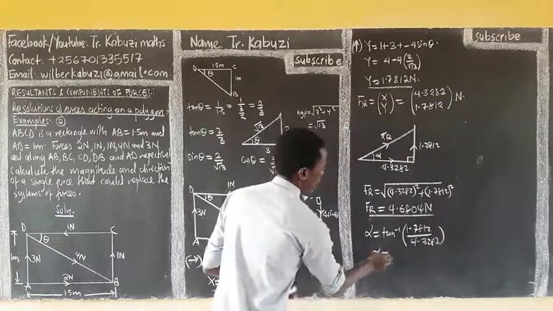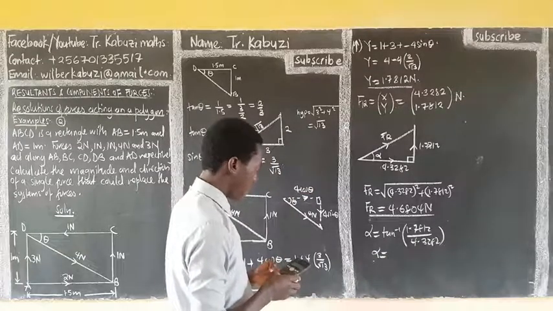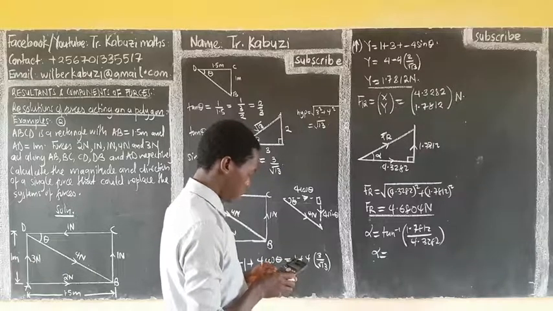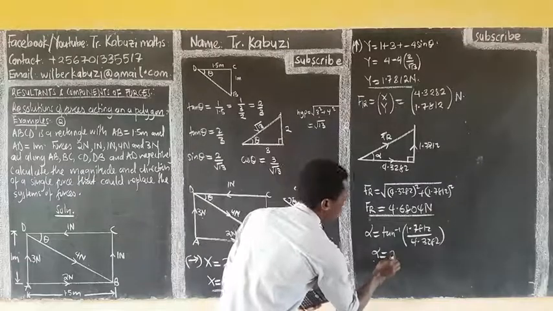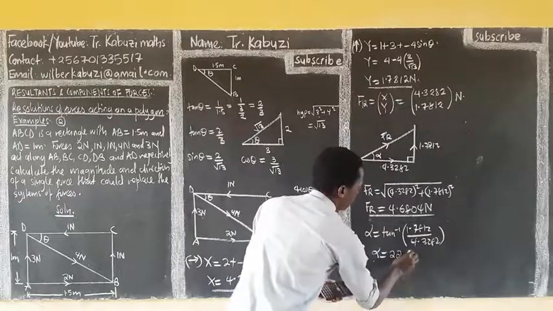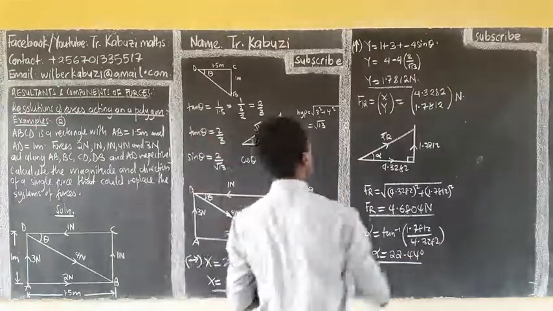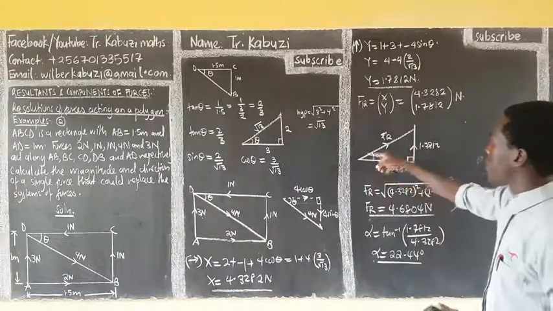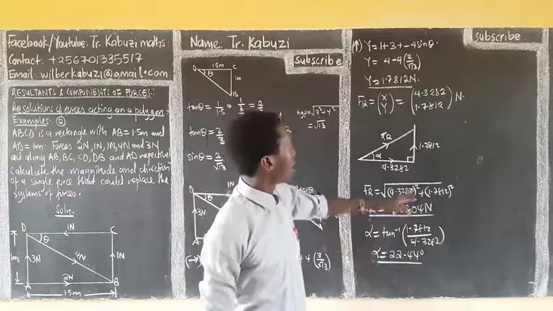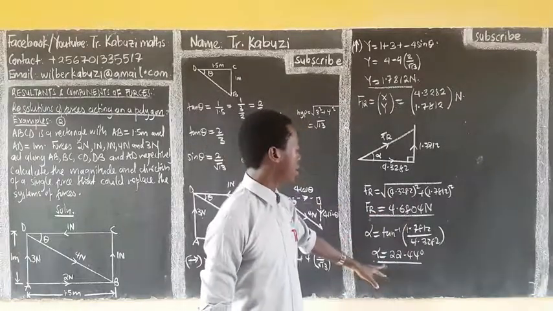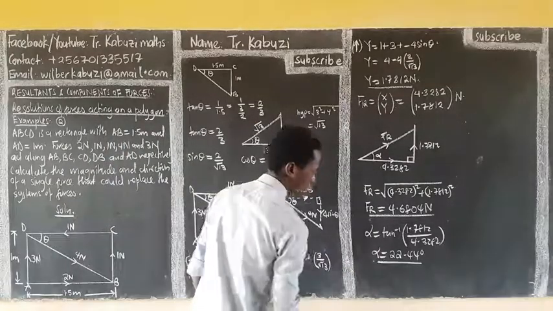So our alpha here is going to be 22.44 degrees. And so now you see it's acting to the side. That's why we say the magnitude of the resultant force is this, acting at AB. As simple as that.